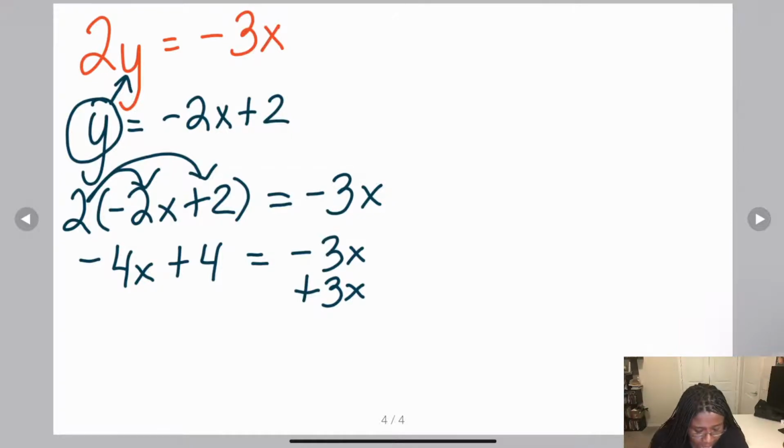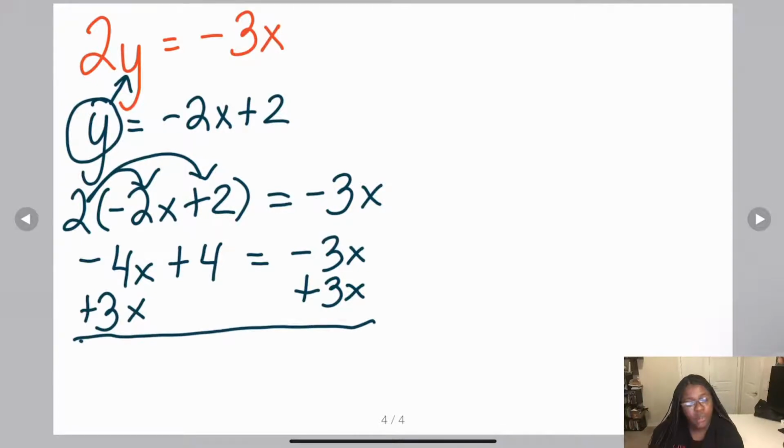So I'm going to add 3x on both sides, and you're going to see here that I'm going to add it right underneath my other x, and there's a reason for that. When you are moving terms around the equal sign, you have to pay attention to like terms. So anything that has an x with it goes together. And then anything that's just a number or doesn't look the same just stands alone.